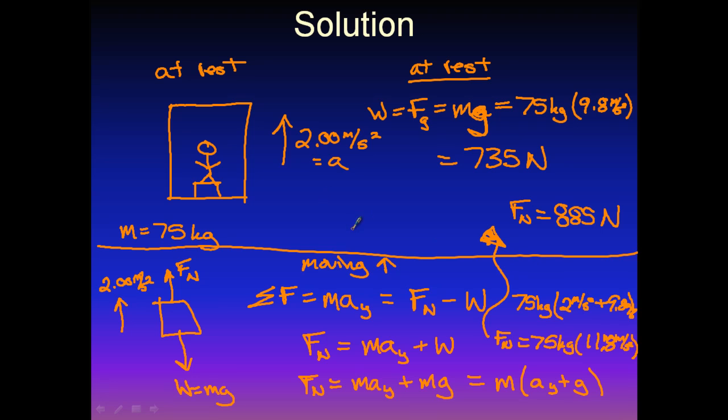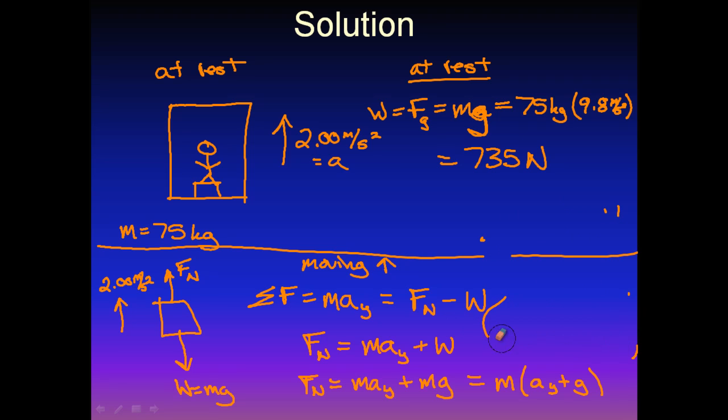What about if your acceleration was negative? Let's say we're starting at the top floor and the elevator starts to move downwards. You get that feeling like you're a little lighter, like the blood is rushing to your head.